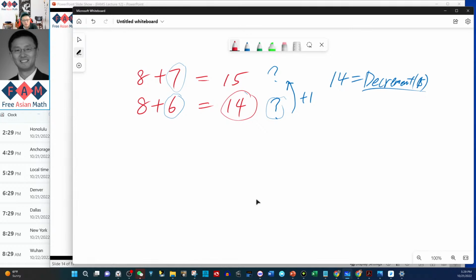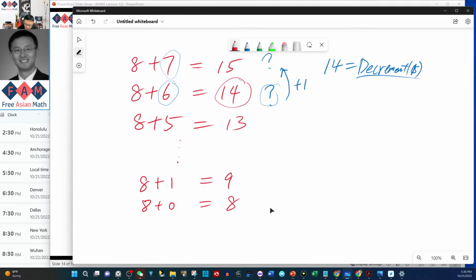It's continuously counting forward when we add a positive integer. So we can continue this until we hit 8 plus 1 equals 9 and 1 less, 8 plus 0. Of course, we know this is defined to be 8 itself. Nothing happens. You are not doing anything.